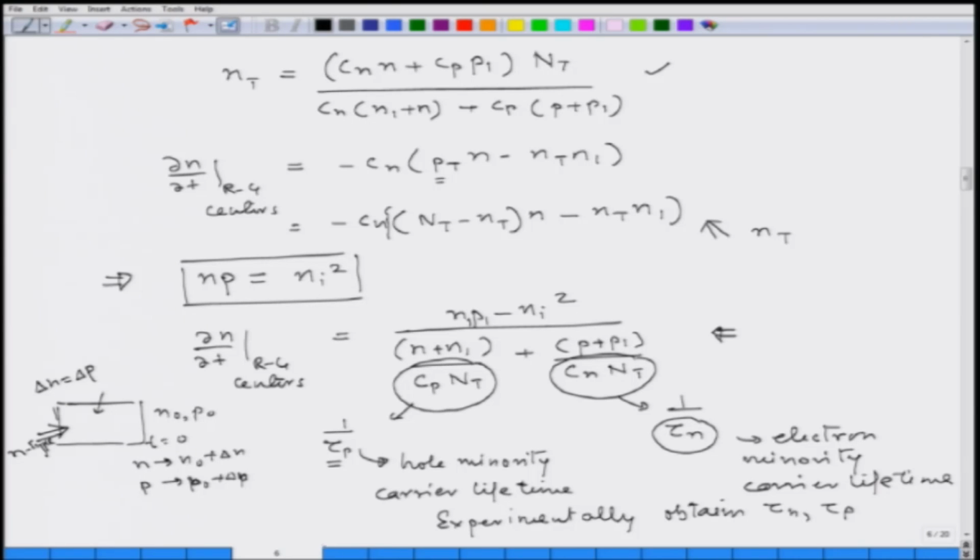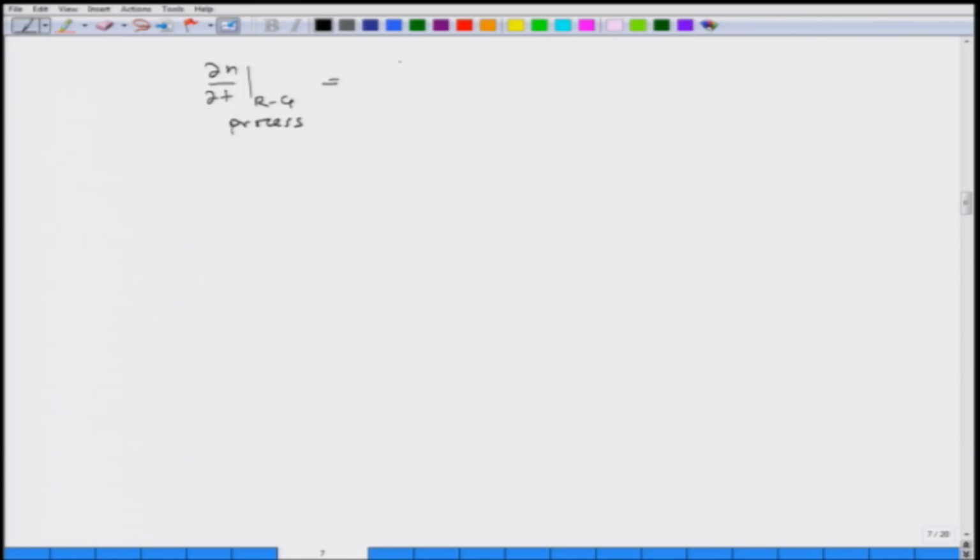So, n1 p1 minus ni square. So, this will be given by n1 p1 minus ni square divided by tau of p times n plus n1, plus tau of n times p plus p1.